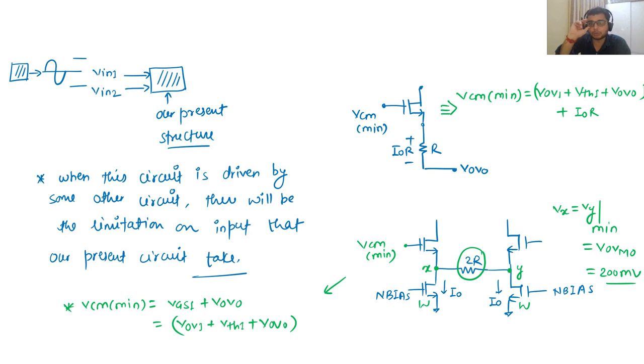So what is the problem with the first circuit? It is the common mode analysis that I told you here. But if you want, I can take it again with the two circuits. Let's say this is my circuit one, and this is my circuit 2.